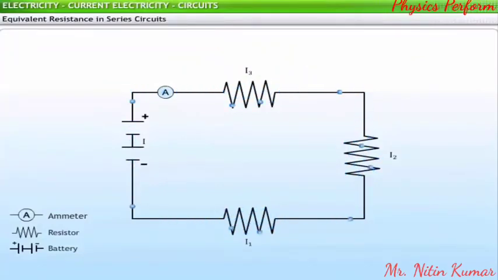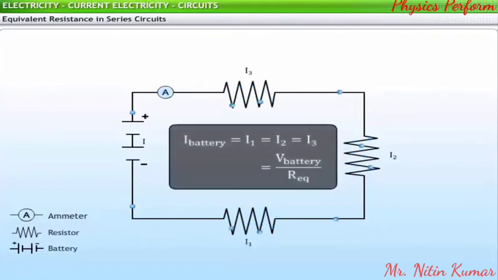Additionally, using Ohm's law, the current in the battery, and thus through every resistor, can be determined by finding the ratio of the battery voltage and the equivalent resistance. That is, I battery is equal to I1 is equal to I2 is equal to I3 is equal to V battery divided by R equivalent.